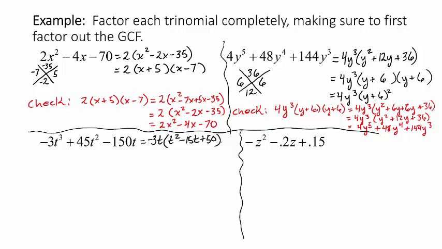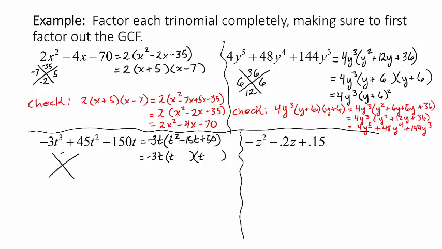Okay, so I always talk that back through. When you're factoring, you kind of reverse it and then multiply it through again. Do you get what you started with? Okay, now let's go from here. So we've got negative 3t, and now we're going to see if we can factor this trinomial. We've got t times t, which is t squared. So what are we looking for here?